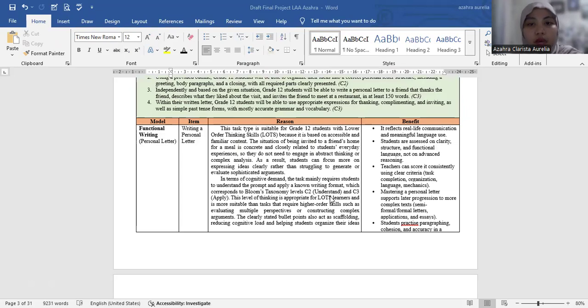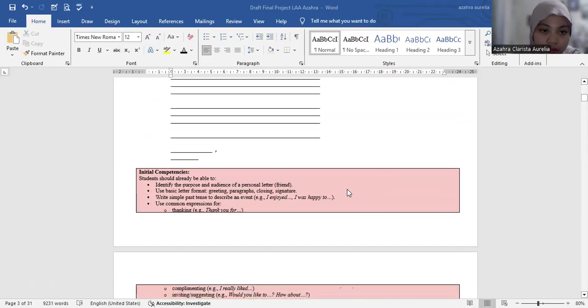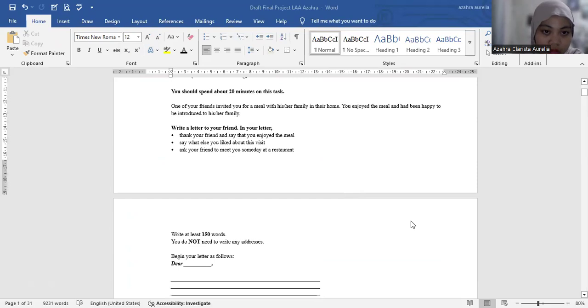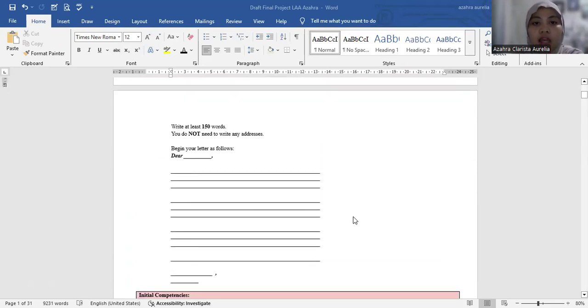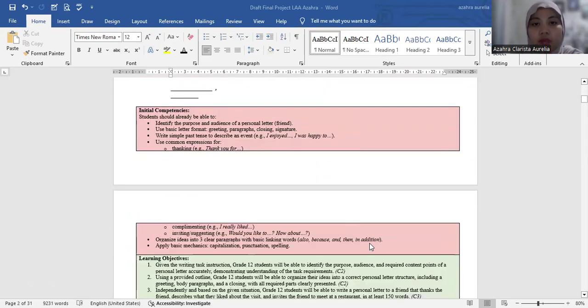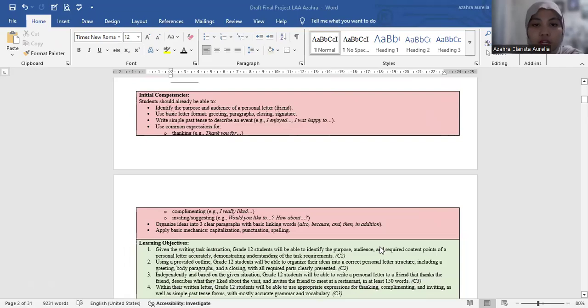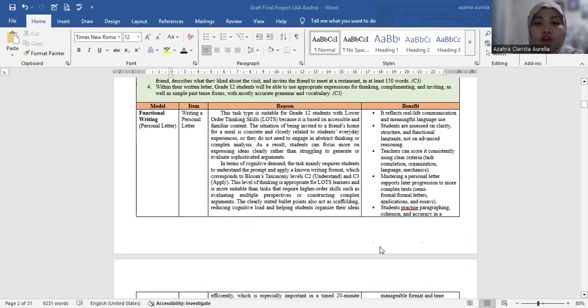And the bullet points or the guidelines will help them to reduce cognitive load, which is appropriate for a 20-minute task. And the benefit of this task is that it assesses real communication skills. Because it is functional writing, it allows the teacher to assess clarity, organization, and functional language fairly without requiring advanced reasoning.